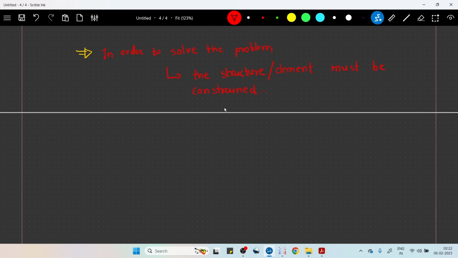Constrained means there is no rigid body displacement, right?